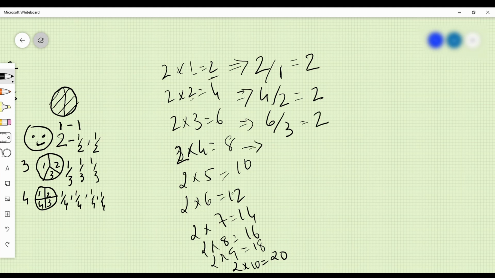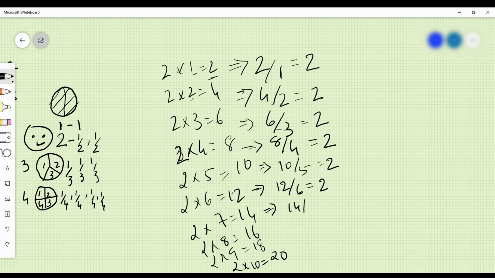And here if I say divide this 8 into 4 pieces, so what you get? And again 2. And again if you see divide this 10 into 5 pieces and you get another 2. And same way here, if you divide the 12 by 6, you get another 2.